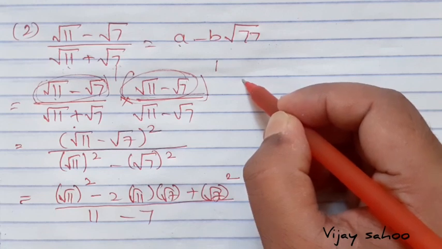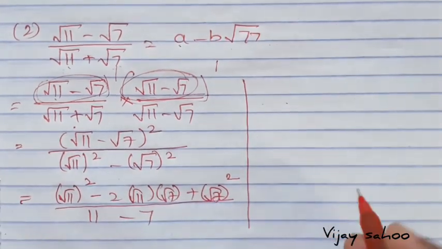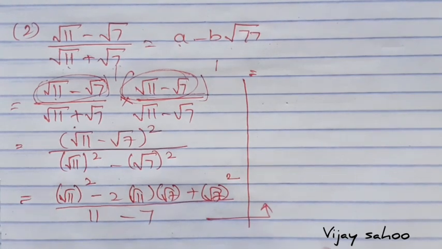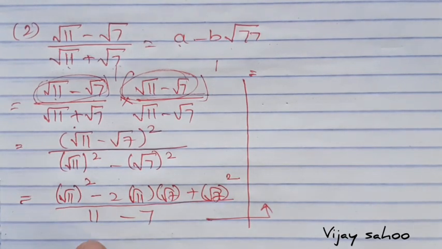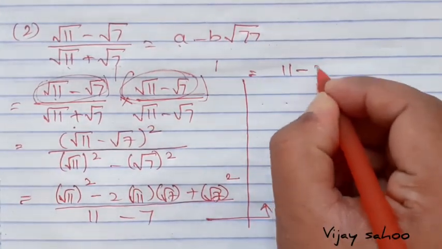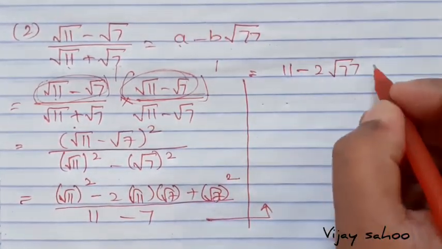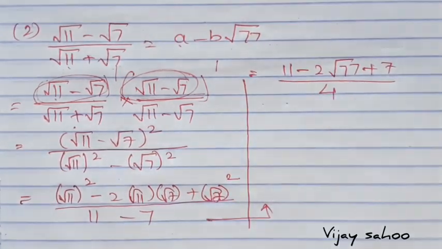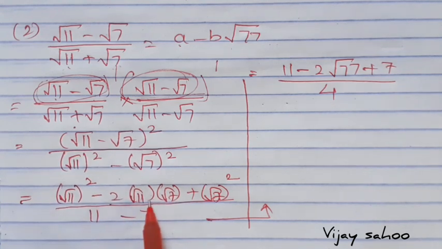So now what will be the value? Root 11 square will be written as 11 minus 2 root 77 plus 7 upon 11 minus 7, which is 4. Now can you identify why I have written root 77? 2 is a number and there are two root values.